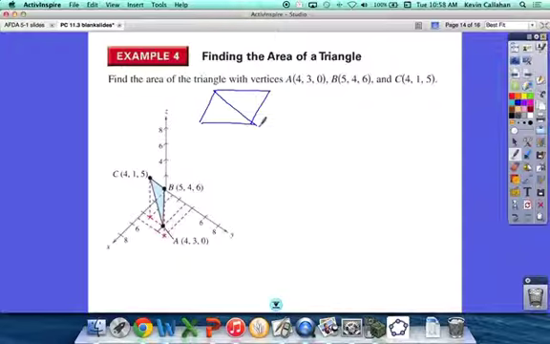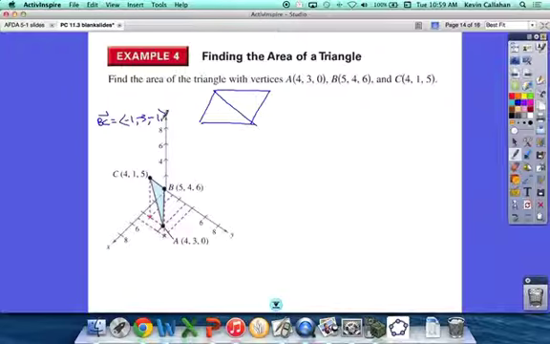So let's say we need to come up with two vectors. And it doesn't matter which ones. How about I'm going to do BC and BA. Those two. So BC is 4 minus 5, 1 minus 4, 5 minus 6.